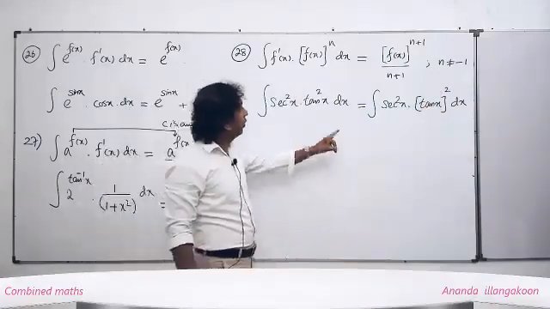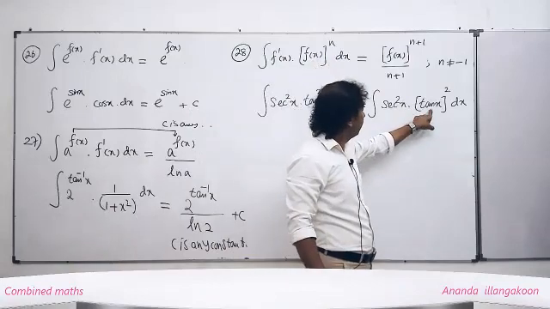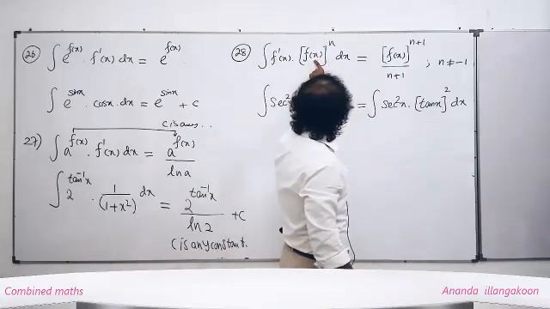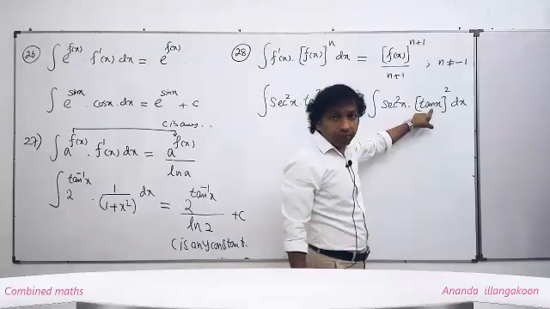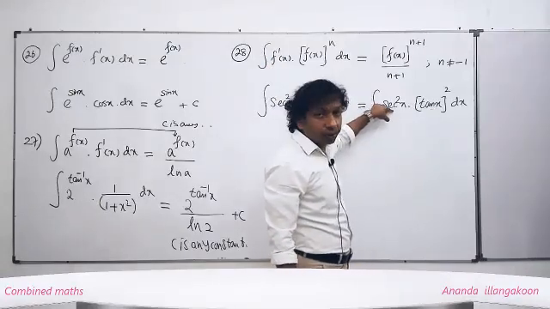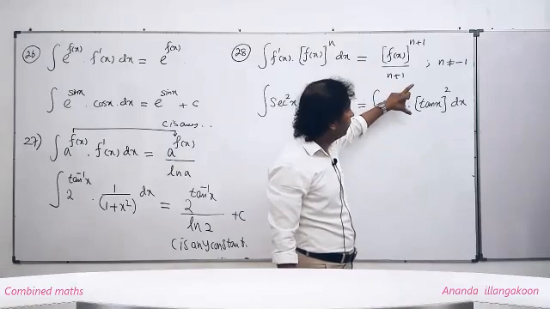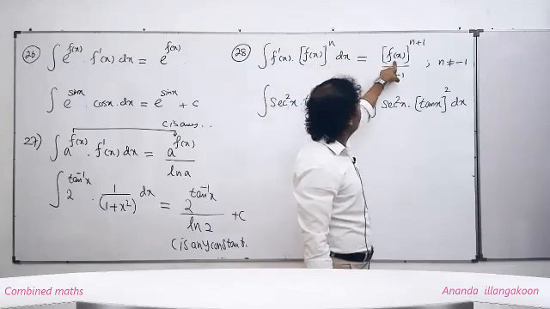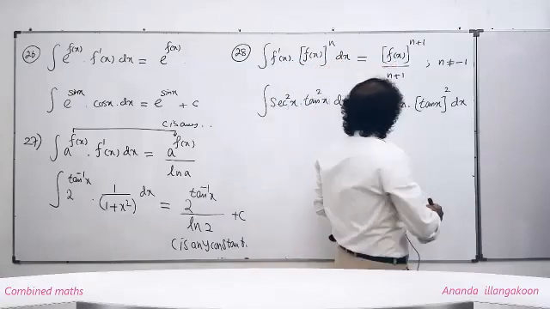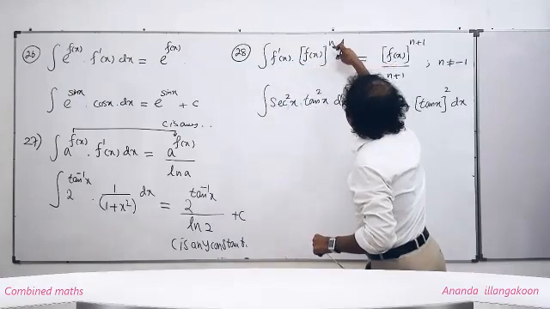Now consider your f(x) function as tan x. Then the derivative of f(x) should be here. When you differentiate tan x, people, the derivative of tan x is sec squared x. Then this integrand is very similar to this, so the answer can be written like this. What is the answer then, people? Adding 1 to this power and dividing by the new power.